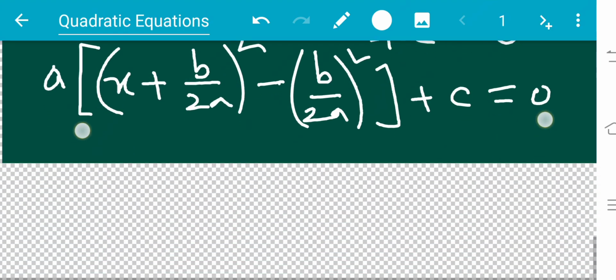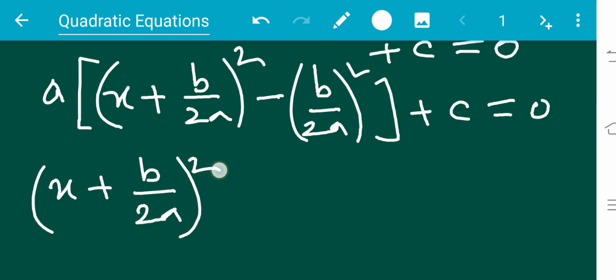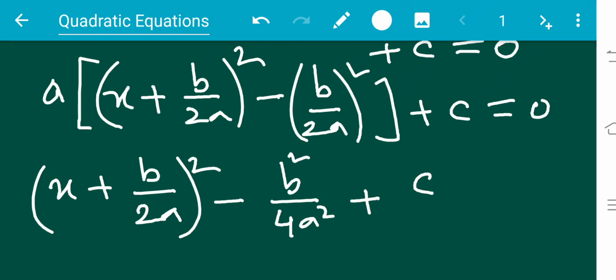From here I can divide this line by a, as a is not equal to 0, so I can write x plus b by twice a whole square minus b square by 4a square plus c by a equal to 0.